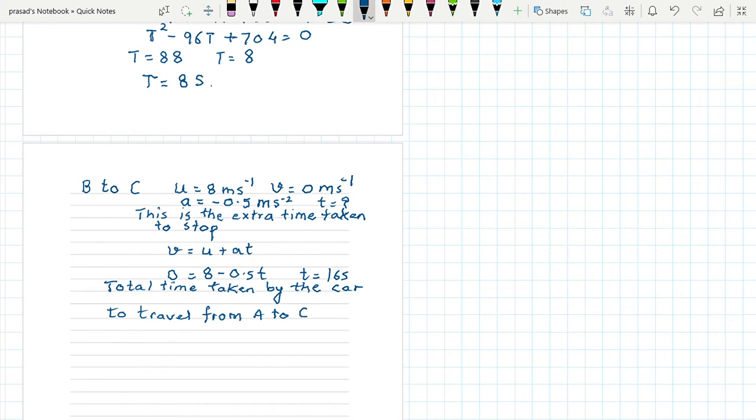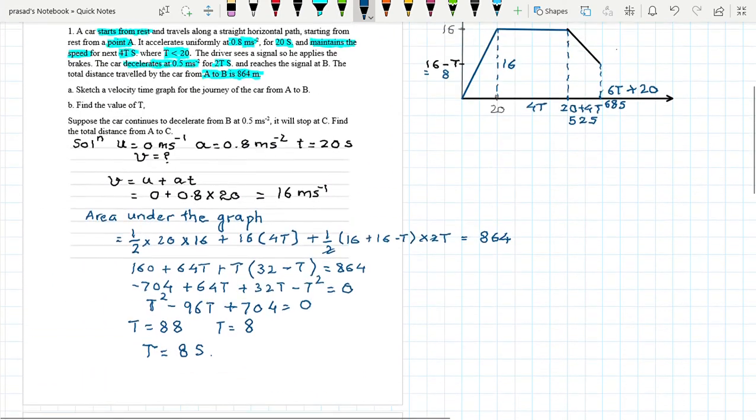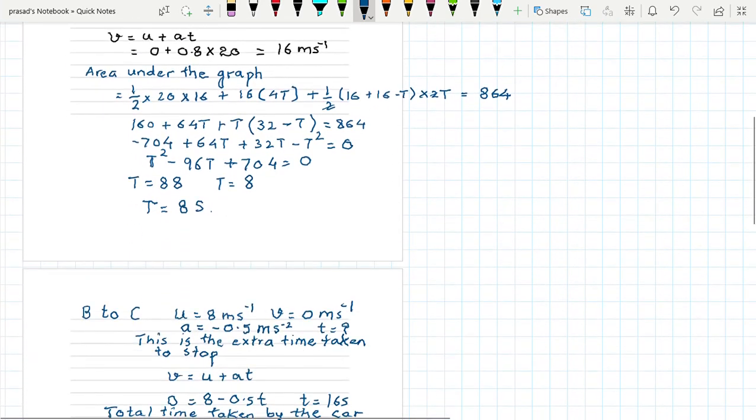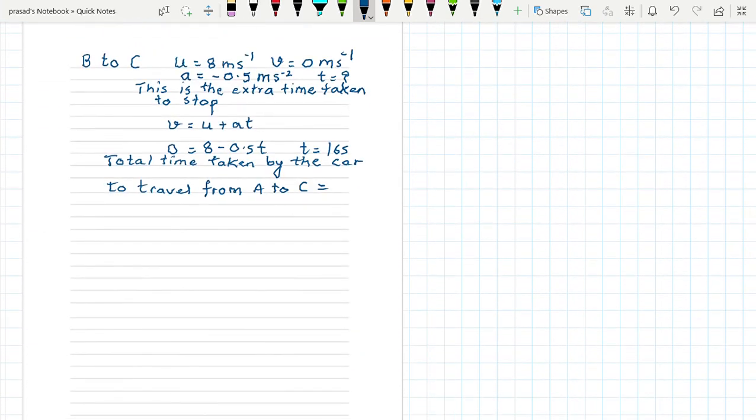That will be 68, because it has taken already, as you can see here, 68 seconds to travel up till B. So 68 and extra 16, so that is total 84 seconds.